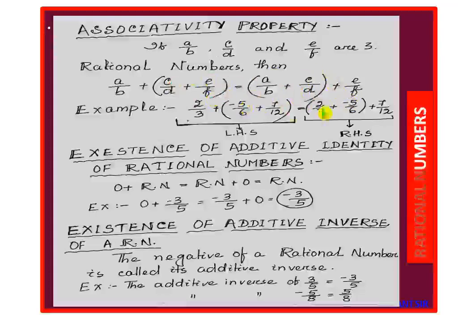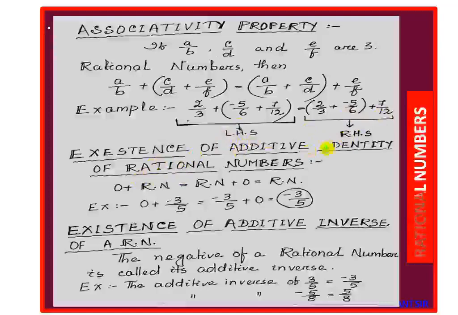This is the associative law and it is important; you have to remember this law. Now, example: 2 by 3 plus (minus 5 by 6 plus 7 by 12) is equal to (2 by 3 plus minus 5 by 6) plus 7 by 12. Here also, if you take the LHS and RHS, you will get the same value.